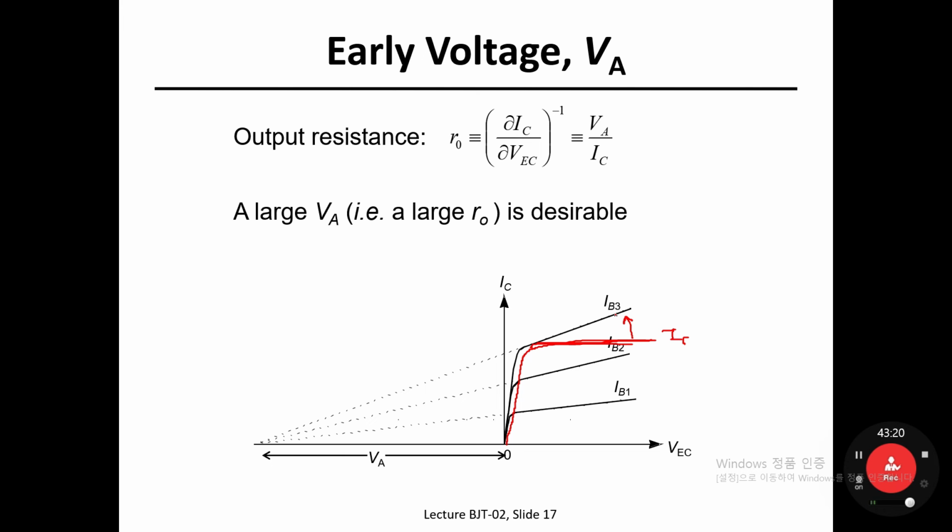However, because of the base width modulation, your output current is increasing as your output voltage increases. Well, definitely this VEB plus VBC, this is a constant value, and that is varied.